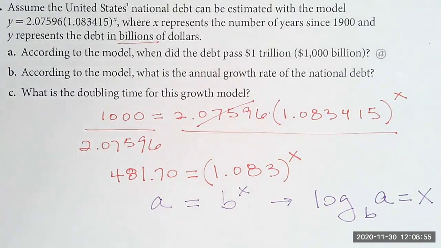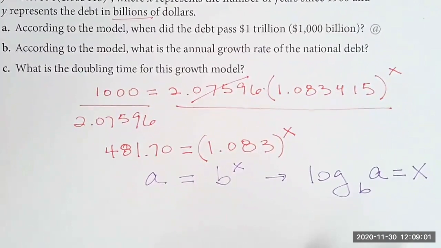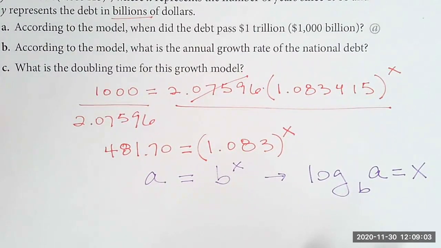First of all, we need to choose the change of base rule because we don't work in logs of base 1.083.